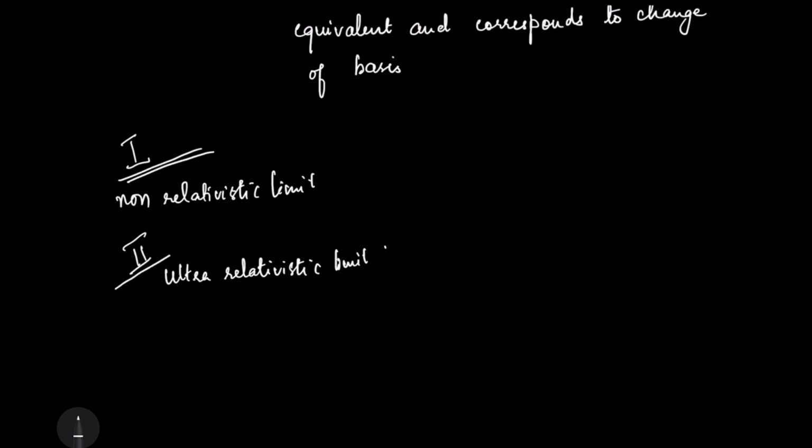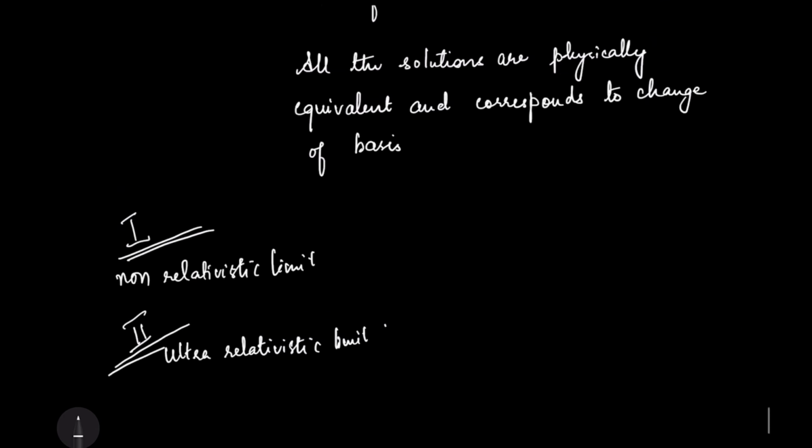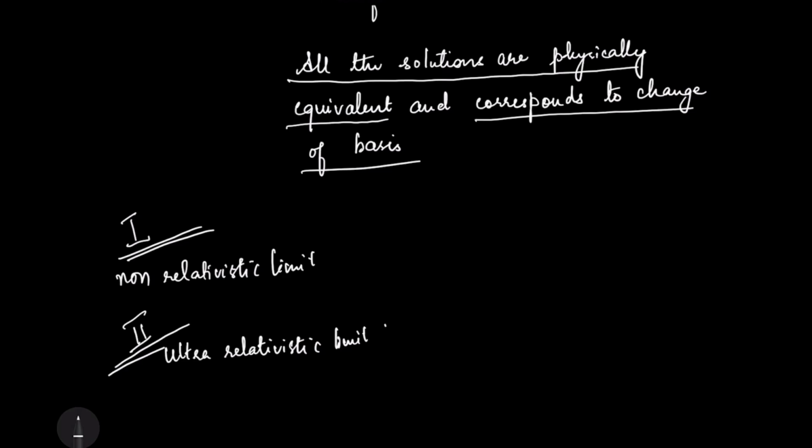Both 1 and 2 are equivalent, and it just corresponds to a change of basis. So all the solutions are physically equivalent, and according to our convenience and situation, you can choose which solution to use.